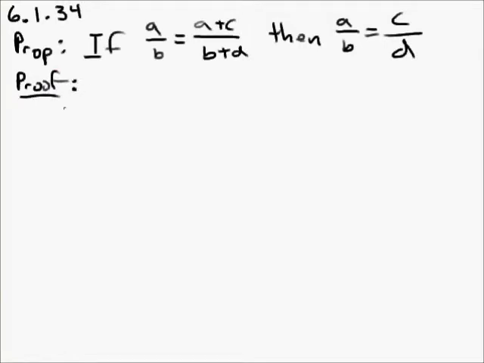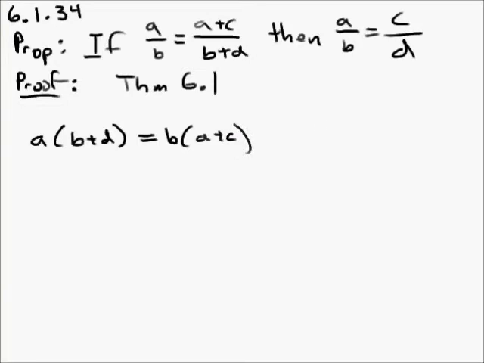We'll cut straight to the chase here. So there's a nice little theorem, Theorem 6.1 in the textbook, that talks about how if you cross multiply, that shows proportionality. So what we're going to do is take A, multiply it by B plus D, then take B, multiply it by A plus C. It's called the cross multiplication theorem.